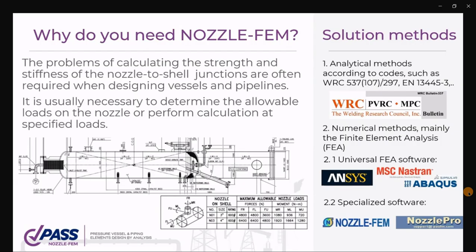There are several methods to solve this problem. First, using the analytical method, as per industry standards such as WRC 537, WRC 107, 297, EN standard, PD codes, and others. Or you can use a numerical method, mainly finite element analysis programs.